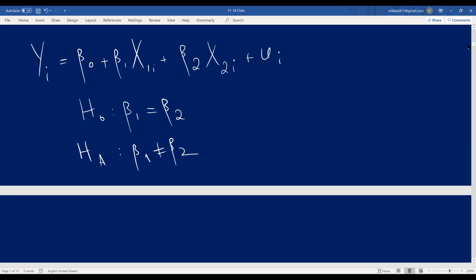How would you test this hypothesis, guys? So we need to transform this model.